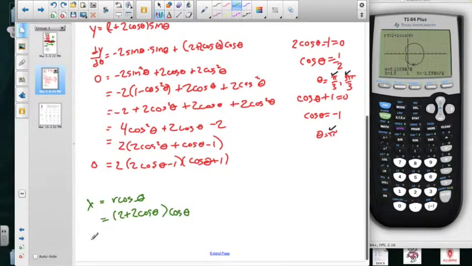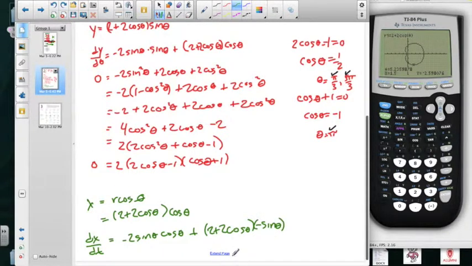When we take the derivative dx dt of that, the derivative of the first factor is minus 2 sine theta, so we have minus 2 sine theta cosine theta, plus 2 plus 2 cosine theta times the derivative of cosine, which is negative sine theta.